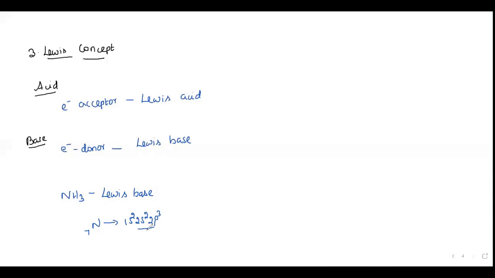Out of 5 electrons, 3 electrons are involved in bond formation with 3 hydrogen atoms. Remaining 2 electrons in the outermost shell are a lone pair. So ammonia has one lone pair of electrons, hence it acts as Lewis base. Electron-rich species act as Lewis base.